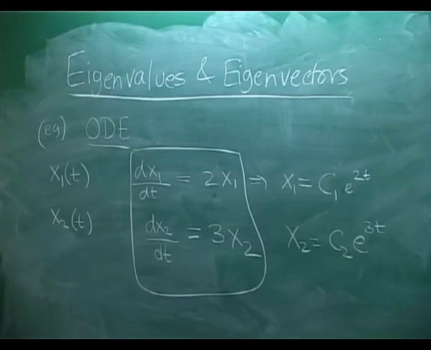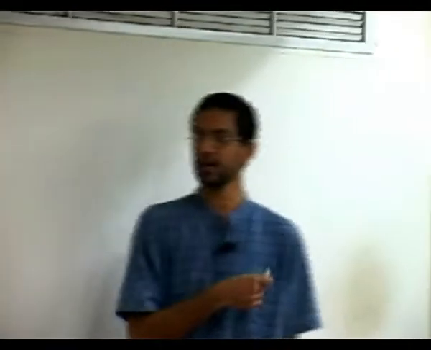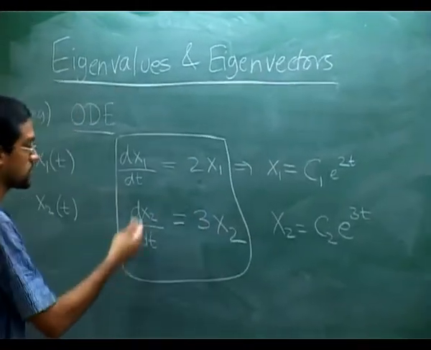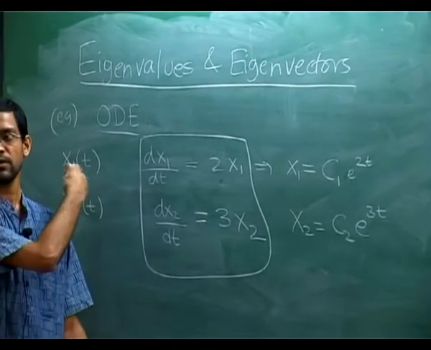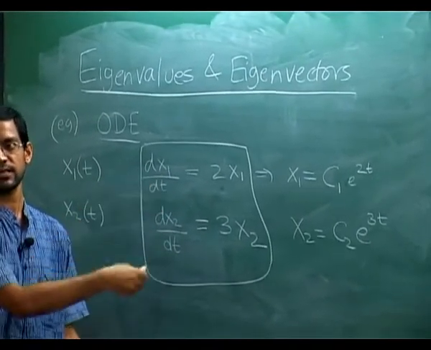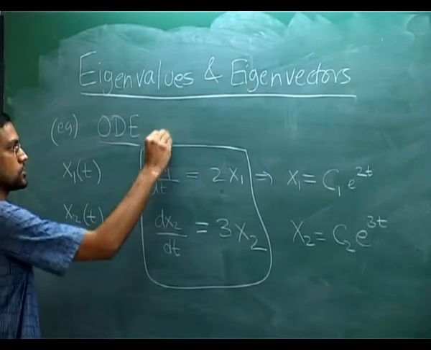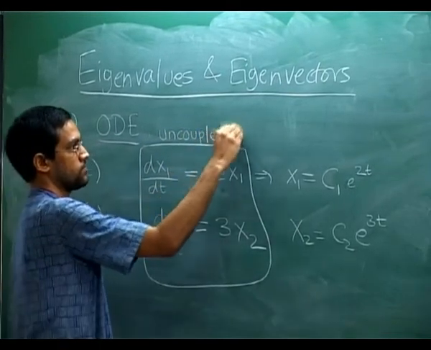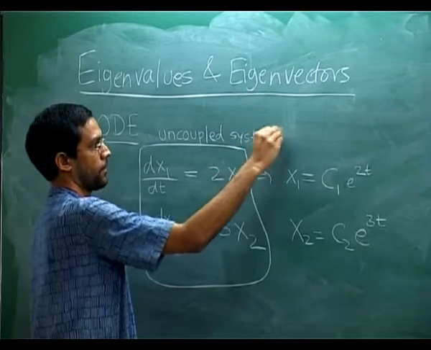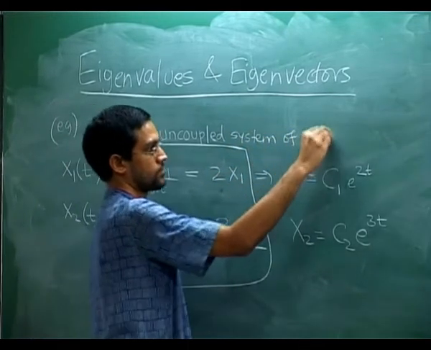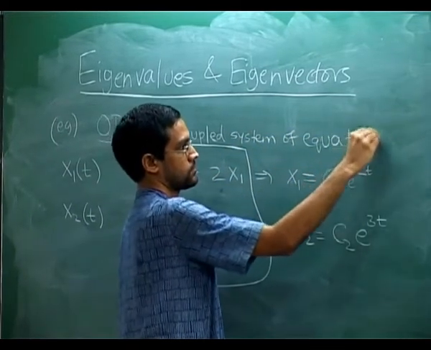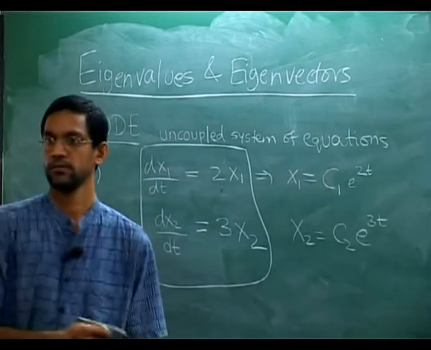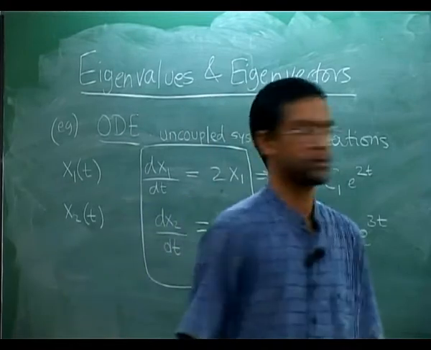I don't know if this terminology is known, but this is what you might call an uncoupled system of equations. Here are two equations, but in some sense they are not coupled to each other. One equation only involves x1, another equation only involves x2. And those are very easy to solve because you just solve the usual one variable equation.